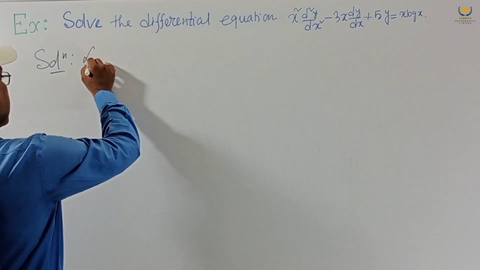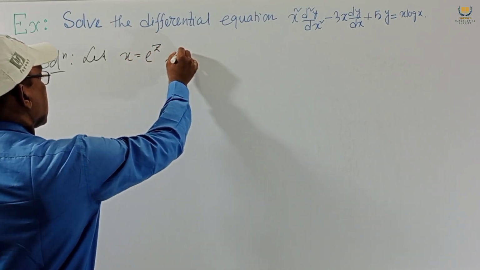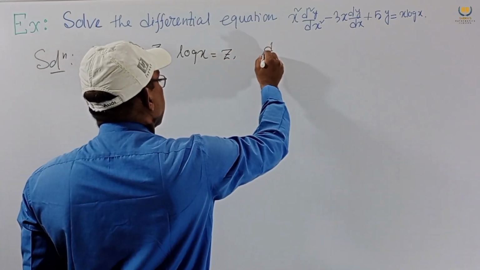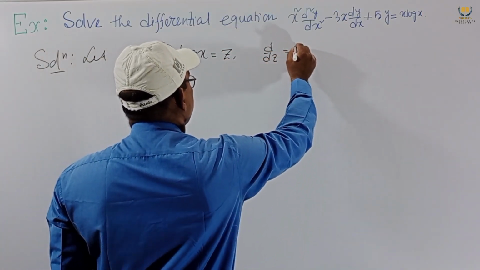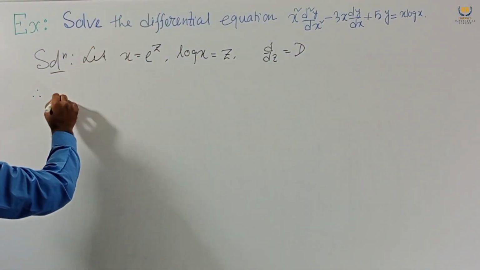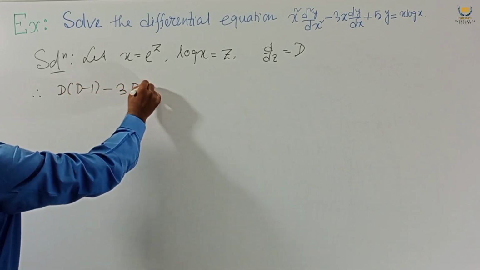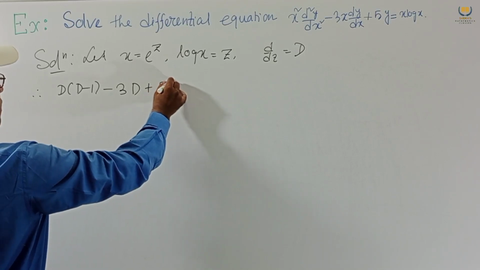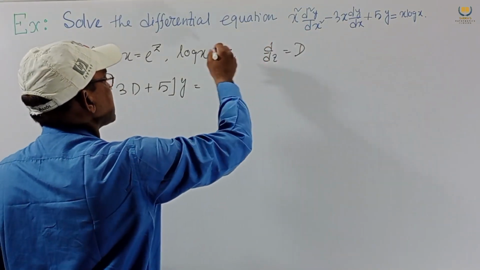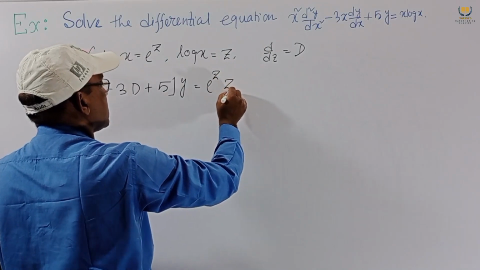So let x equal to e to the power z, and log x equal to z, and d/dz equal to capital D. Now therefore this equation becomes D(D minus 1) minus 3D plus 5 into y common, and on the right hand side x means e to the power z, log x means z.